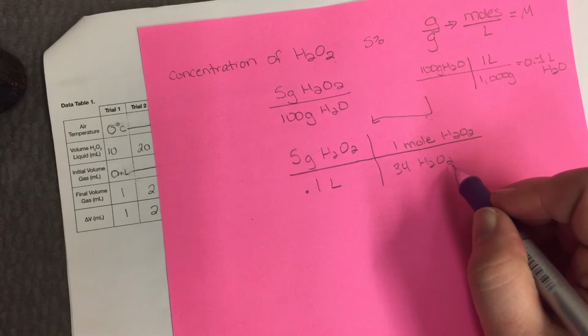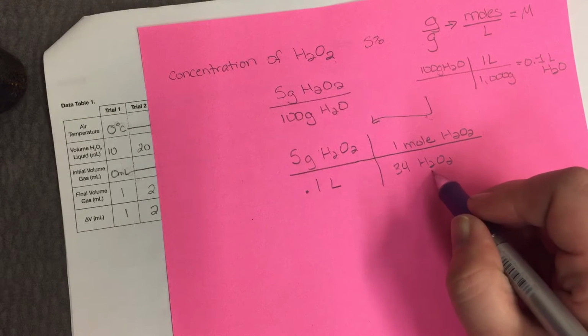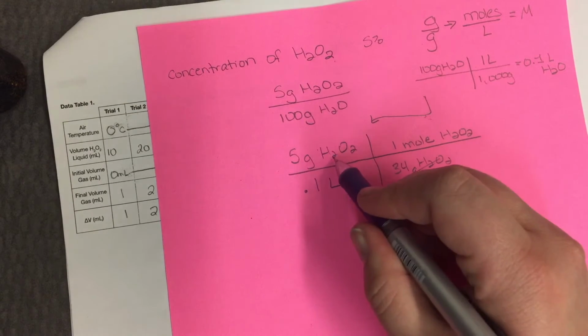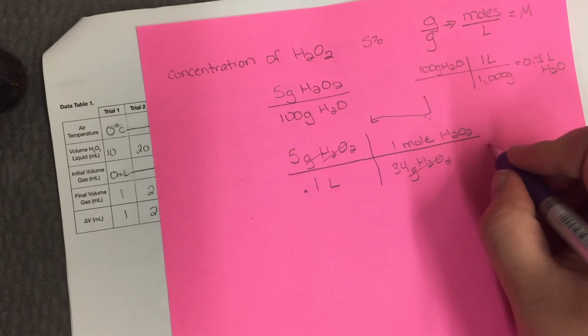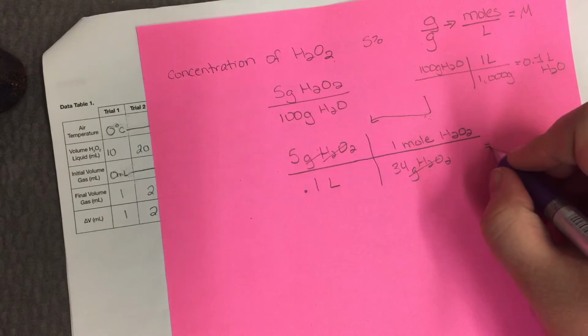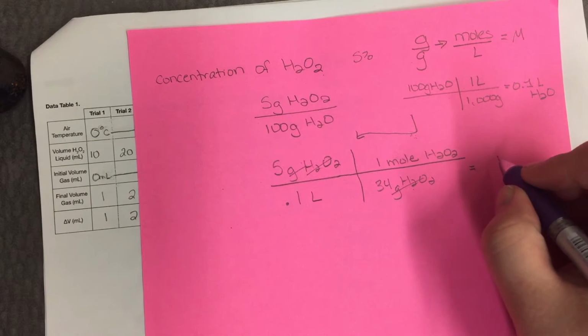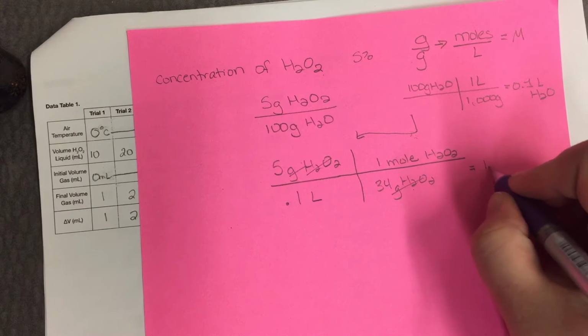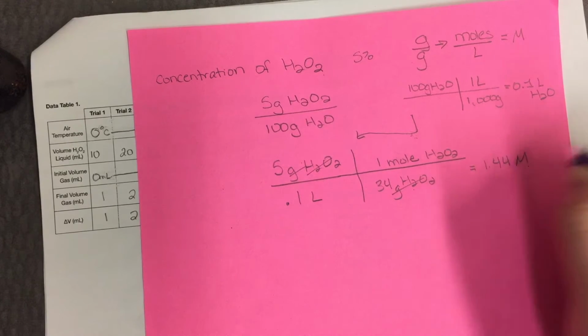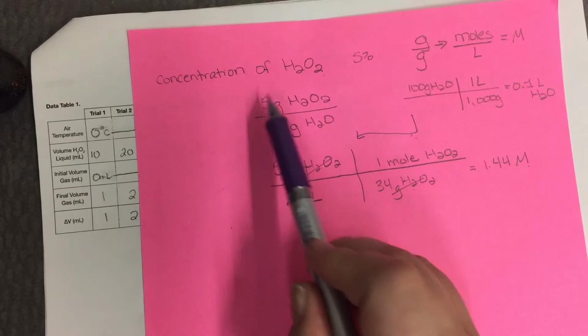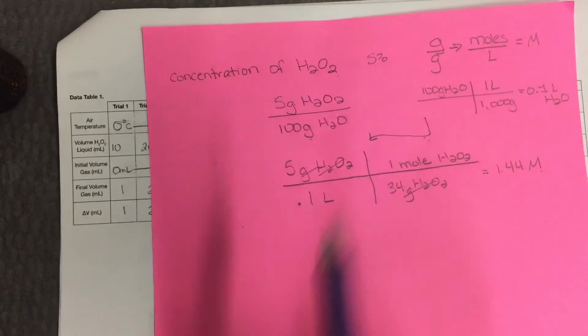Oxygen is going to be 16 times 2, which is 32, plus 2 hydrogen, which is 34 grams. And the grams of H2O2 are going to cancel. And we're going to have, for 5%, you guys have 3%, for 5% of H2O2, it's going to be 1.44 molar. So you're going to have to go through and do this concentration with 3 grams over 100 grams.